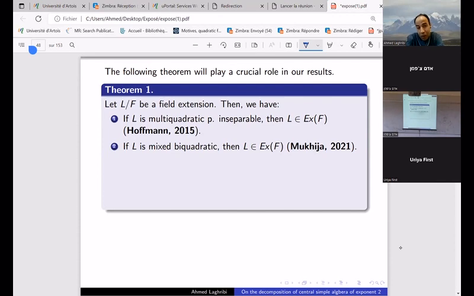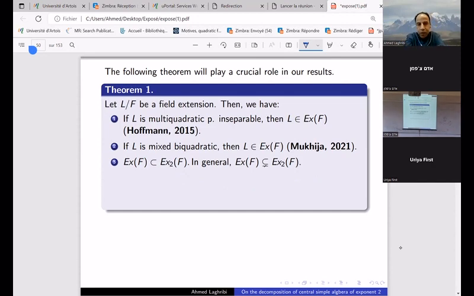If L is a mixed biquadratic extension, I mean L = F(sqrt(a), alpha) such that alpha^2 - alpha = b in F, so you mix separable and inseparable, then the extension is excellent. It was proved by Mokija last year. Okay. And of course, any excellent extension is 2-excellent. But in general, the set of excellent extensions is strictly contained in the 2-excellent extensions. We have examples.